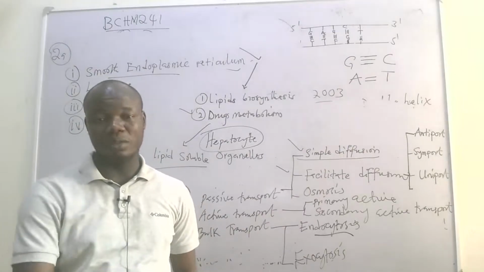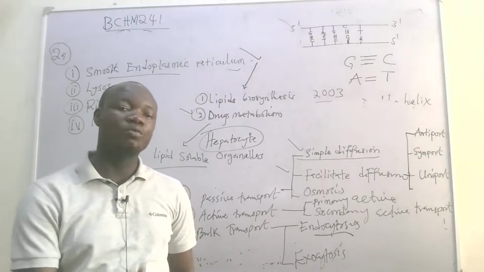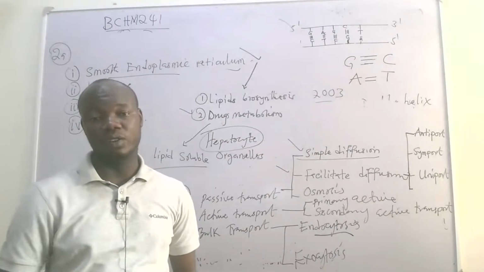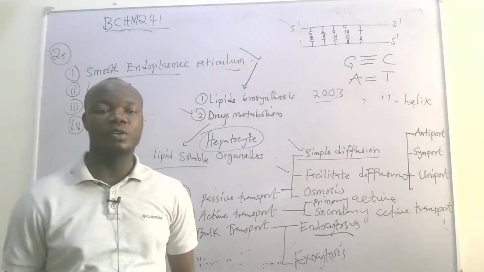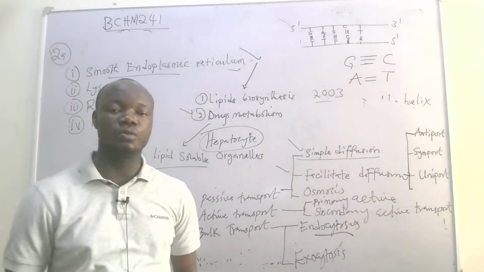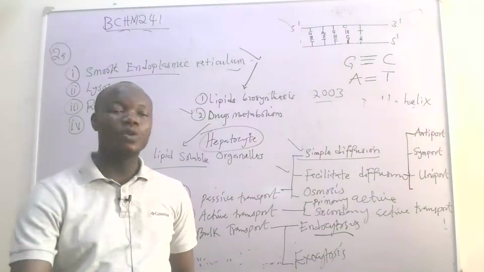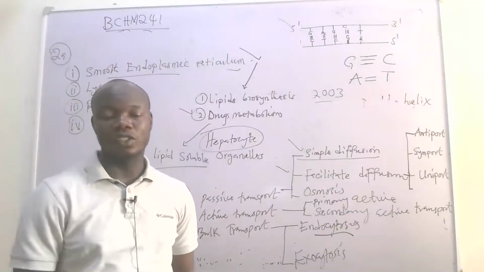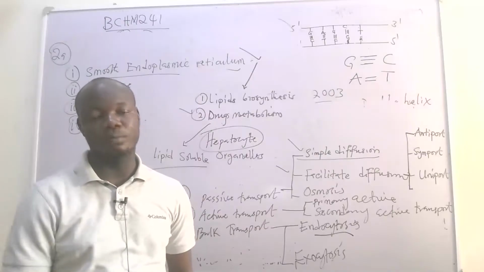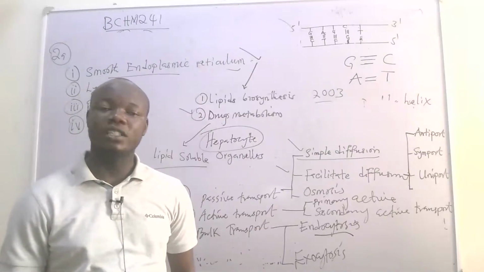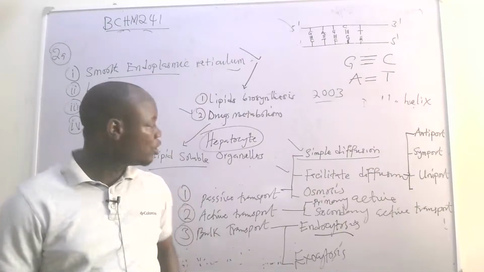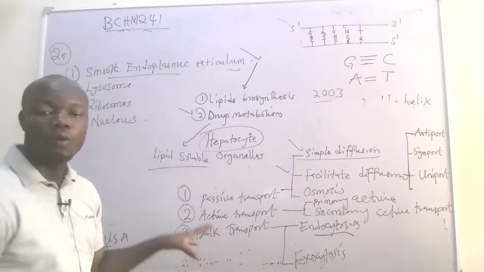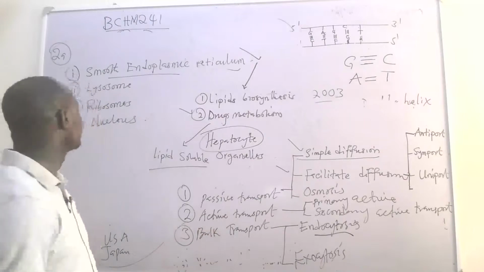I think we briefly discussed the steps of phagocytosis last time in Human Physiology 225. You can go and watch the video to see how to apply the knowledge of endocytosis and exocytosis in phagocytosis of microorganisms. Are you following, ladies and gentlemen? This is just a brief description of the transport of substances across the cell membrane.